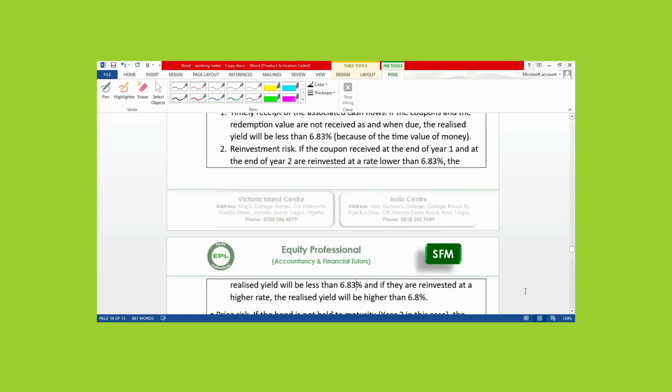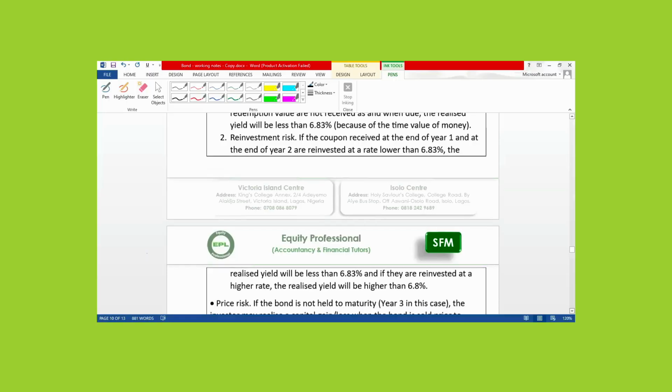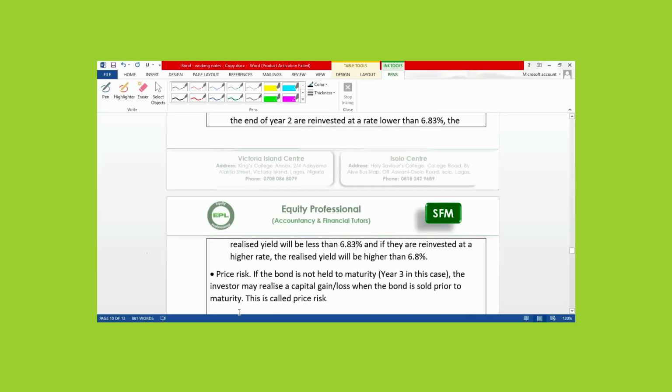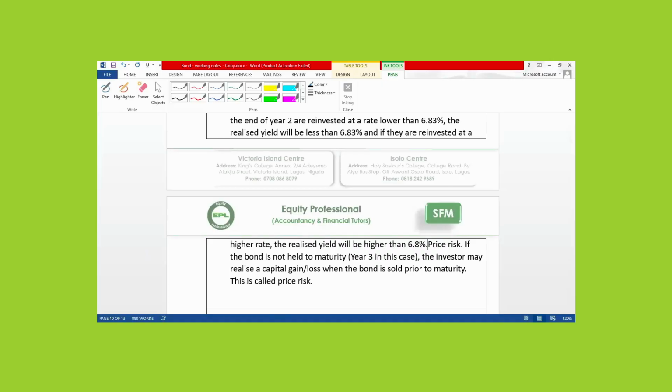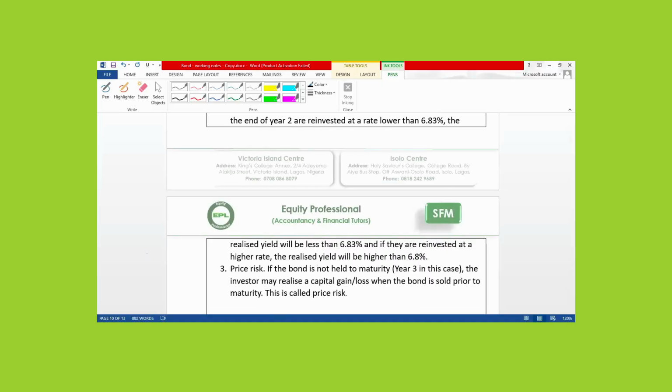Number 3 reason. Price risk. If the bond is not hedged to maturity, year 3 in this case, the investor may realize capital gain or loss when the bond is sold prior to maturity.